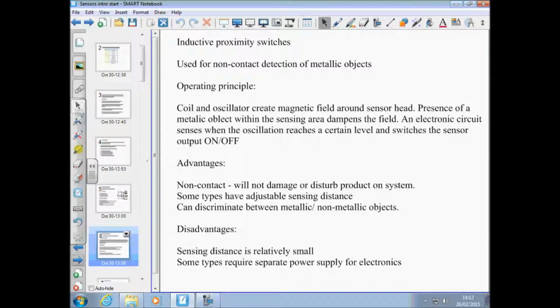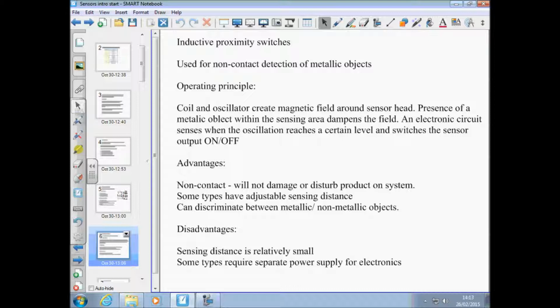The presence of a metallic object within the sensing area dampens or changes the field, and an electronic circuit inside is monitoring the field and detects this change. When it detects enough change, it will switch over an electronic or transistorized output to turn it on or off accordingly.